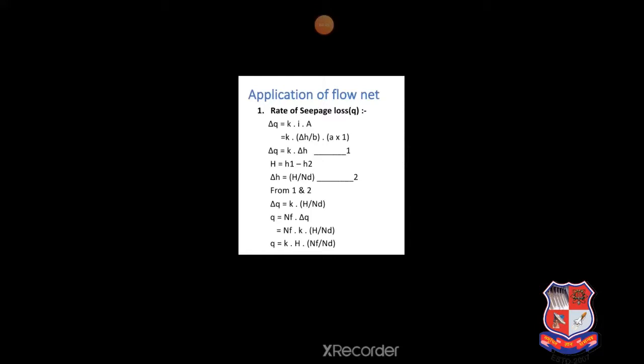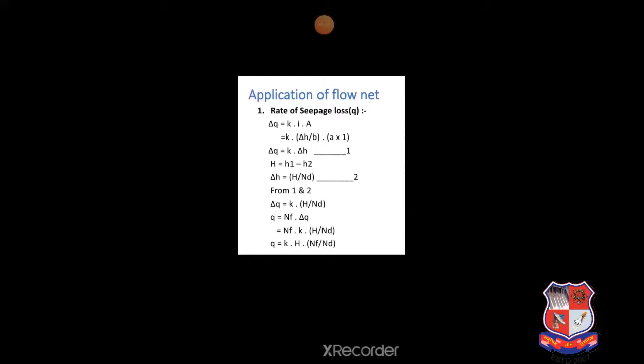Delta Q is equal to K into delta H, as equation number 1, and delta H is equal to H upon ND, equation number 2. From equations 1 and 2, we can conclude that delta Q is equal to K into H upon ND, which is the discharge from one channel.